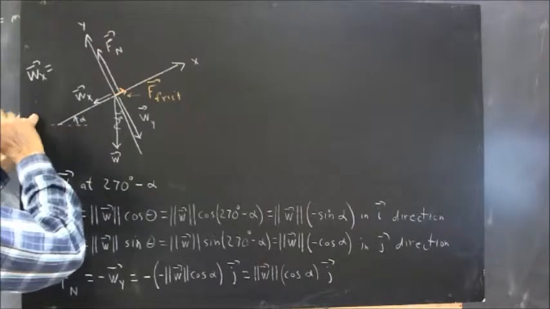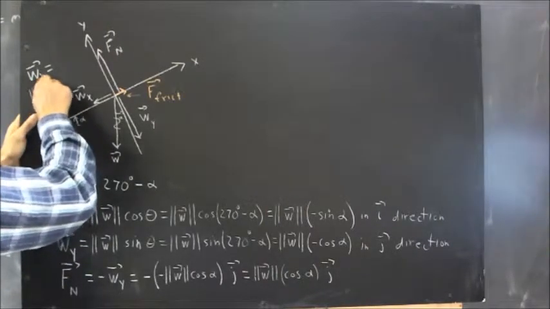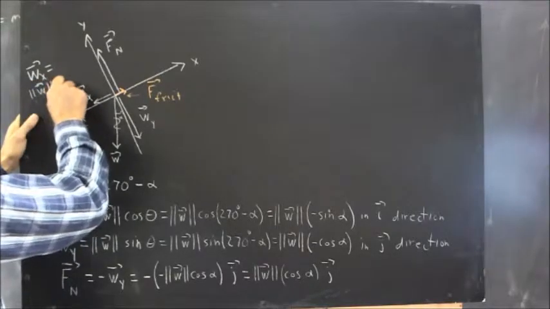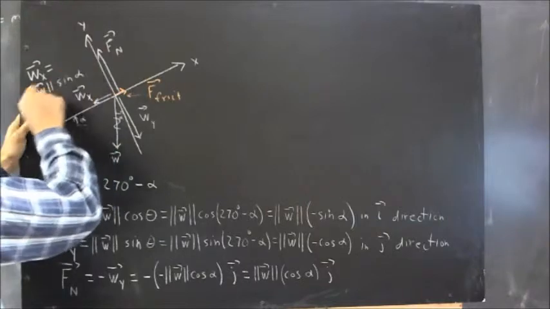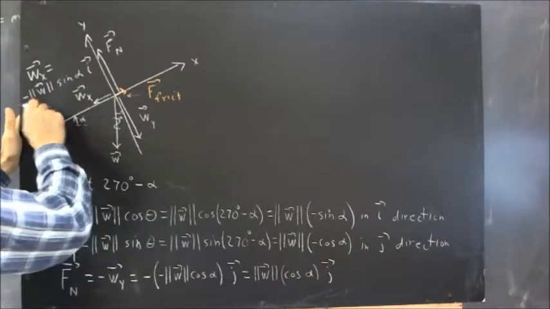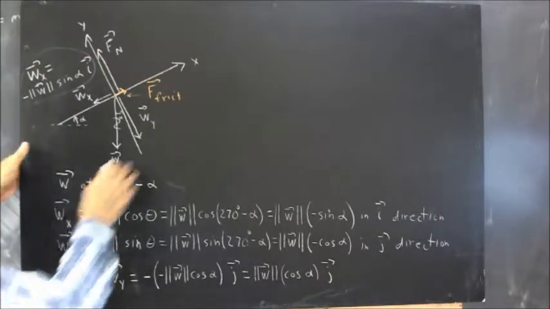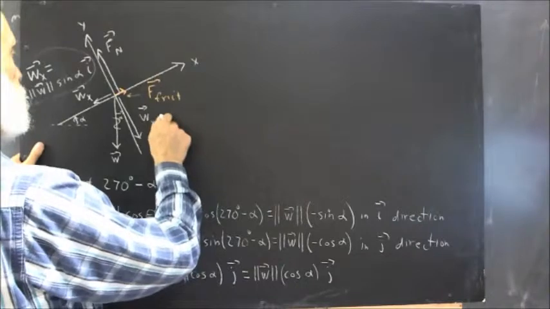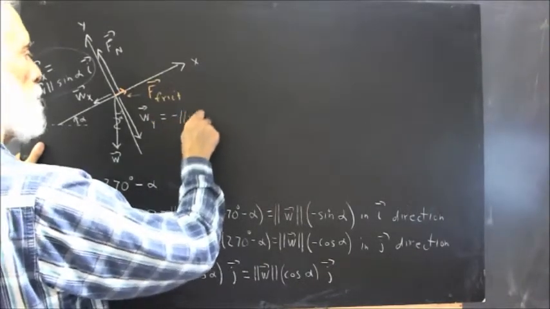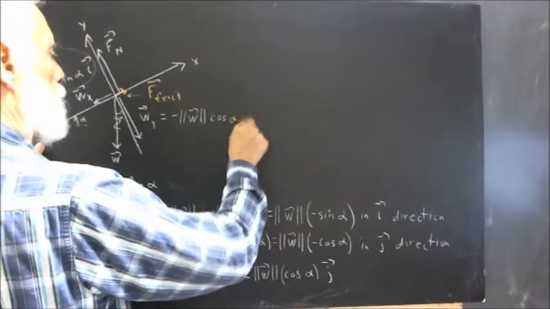WX equals magnitude of W sine alpha times the I vector, and WY equals negative magnitude of W times the cosine of alpha times the J vector.